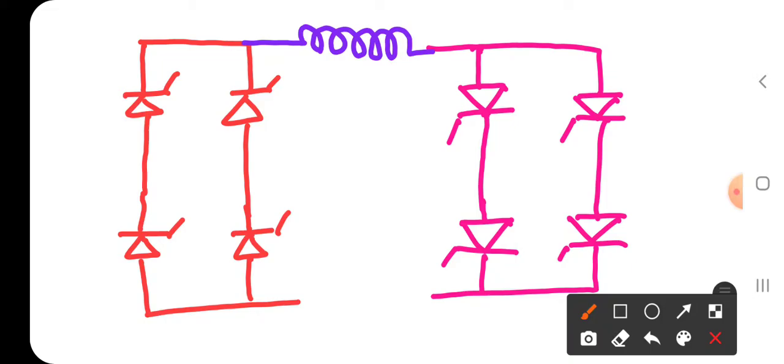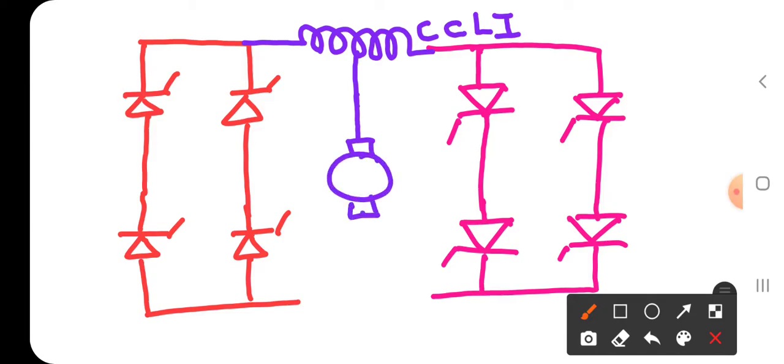What is this? Circulating current limiting reactor or inductor. With this I will connect the motor, and this motor is a separately excited motor.